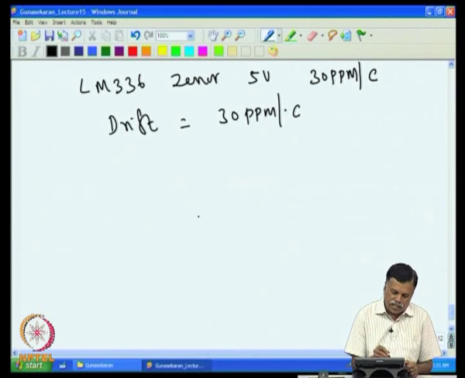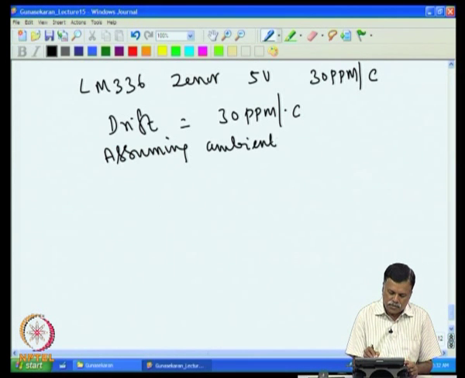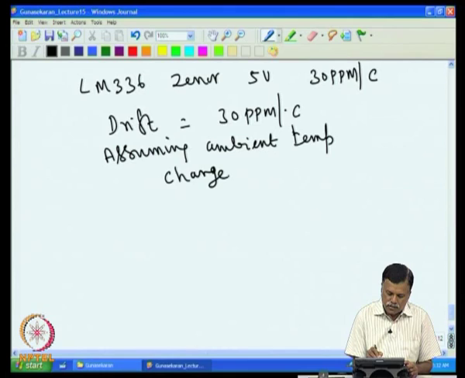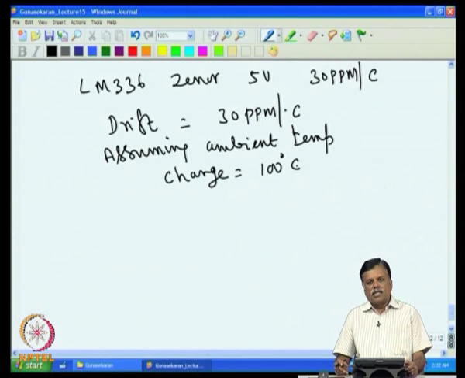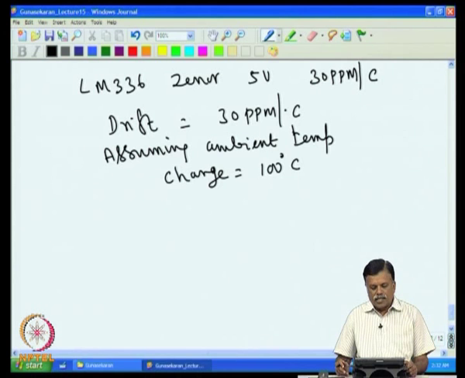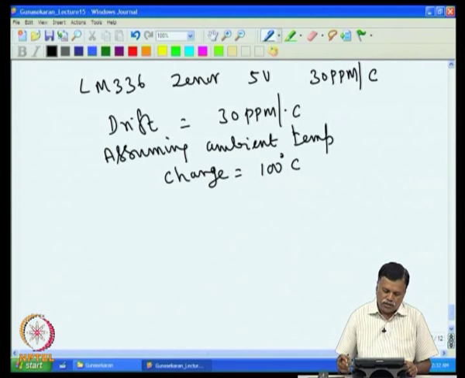For 100 degree C, assuming the ambient temperature change equal to 100 degree C. This is required because if you are making industrial grade equipment, it has to withstand minus 20 degree to plus 80 degree. So, the maximum temperature change expected is 100 degree C. So, we take 100 degree C as the temperature change.